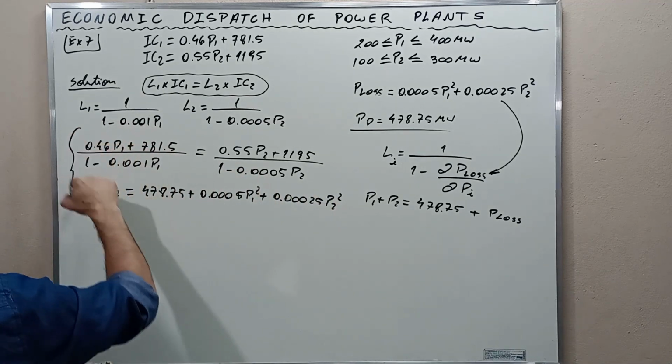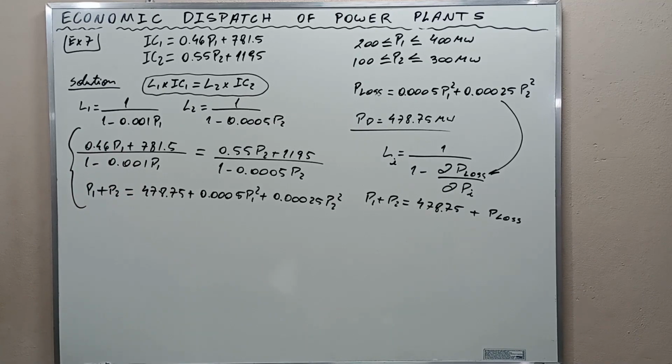We have to use these two equations. So this is the system of equations that we need to solve to find the powers. I could not do it by hand. I had to use a computational tool.